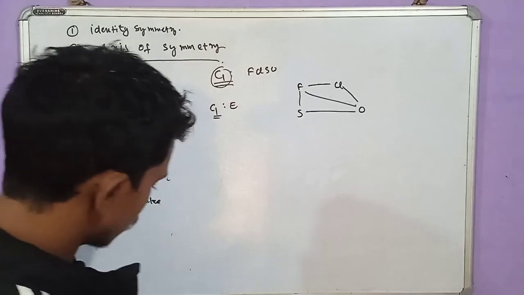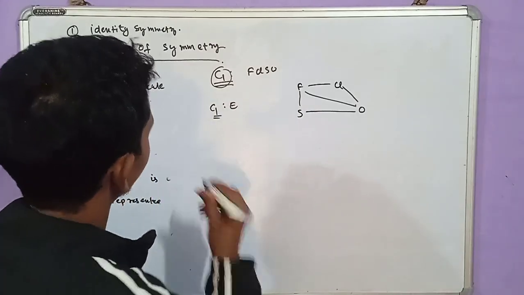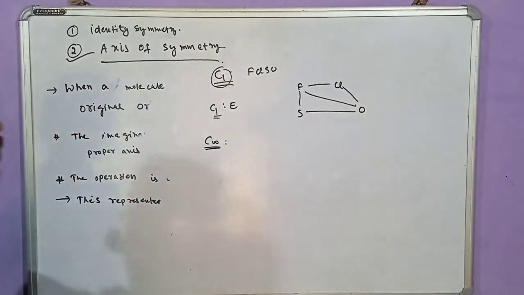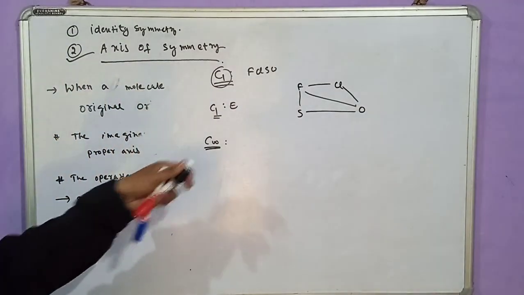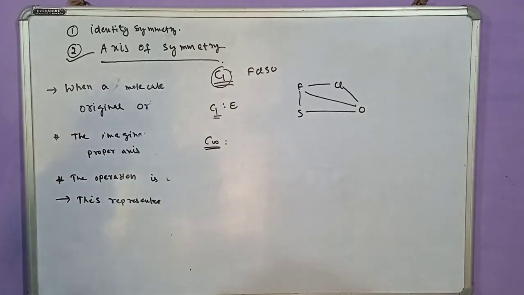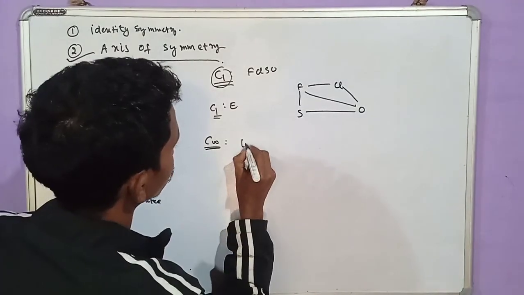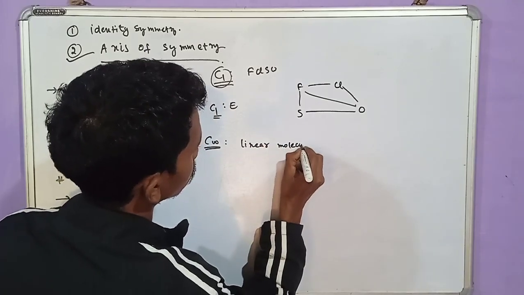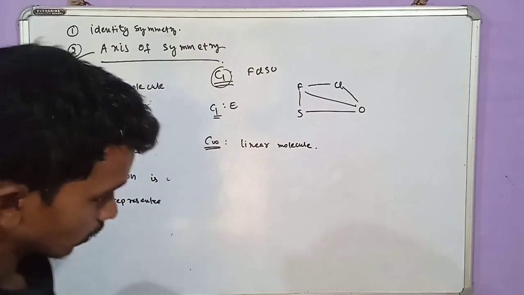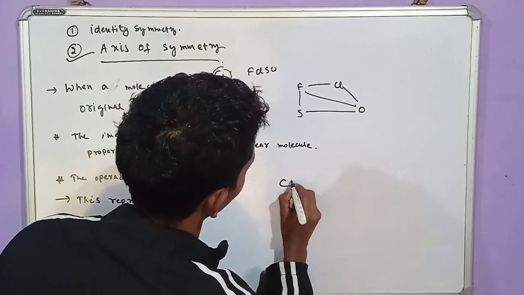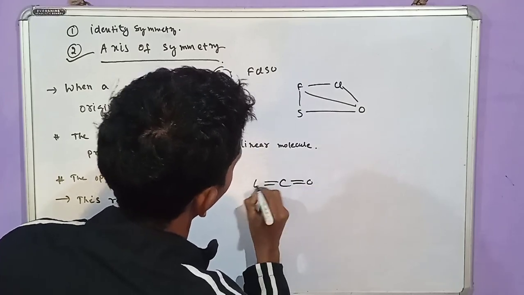The next type is C infinity. For the axis of C infinity, this symmetry, which type of molecules will have it? The linear molecules. Linear molecules, like, say, CO2.